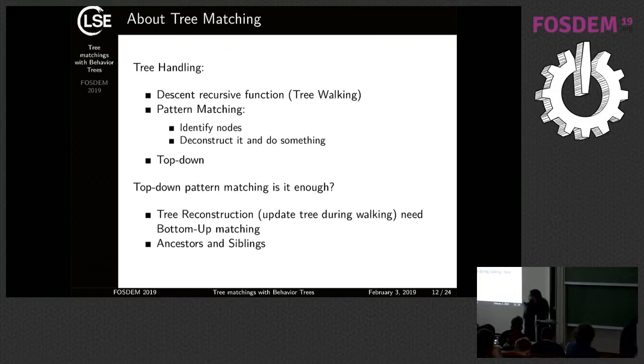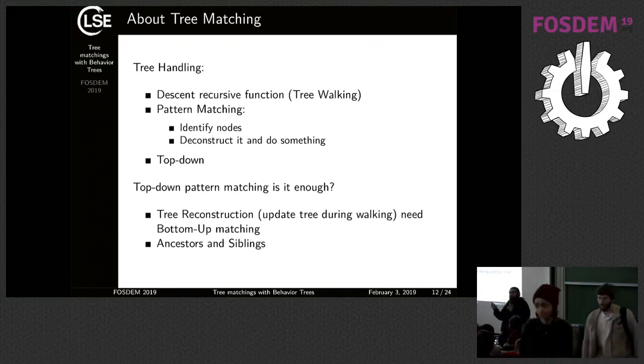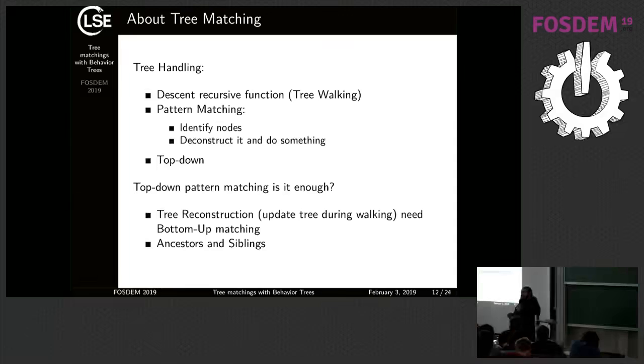All this is already done with functional languages like Haskell, or other languages that support pattern matching. Pattern matching is a powerful statement in this kind of language because you can easily match a tree partially, and partially a subtree.